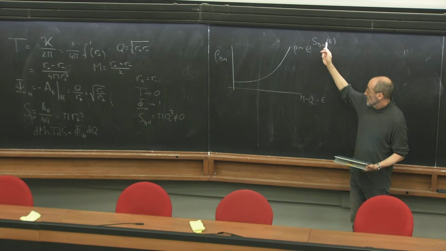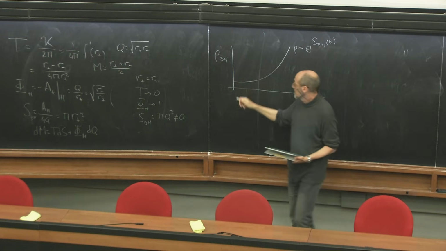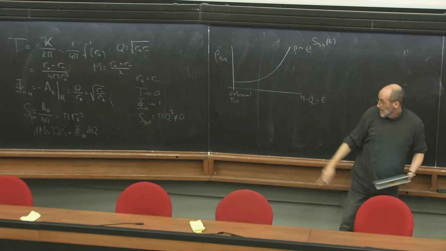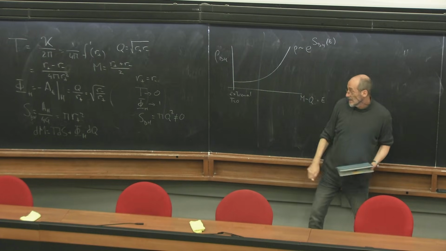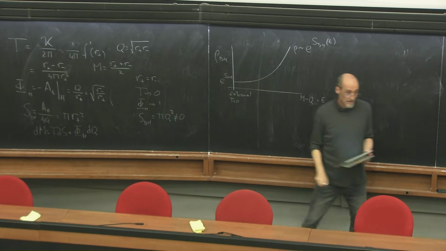So Bekenstein and Hawking would tell you that this system would have this number density of states, but what we find here is that in the limit where t goes to 0, you have a number density of states that's non-zero.